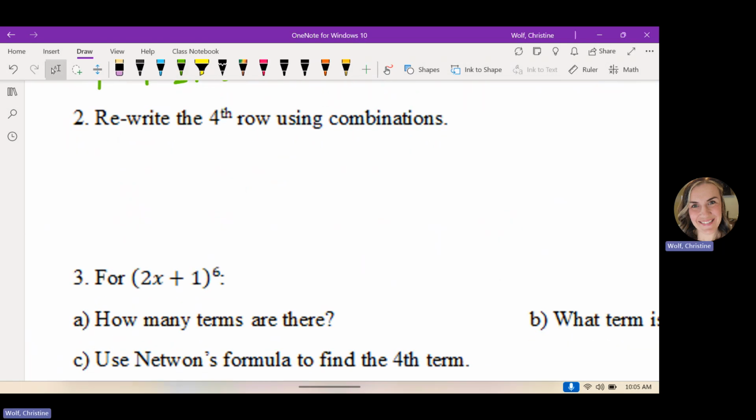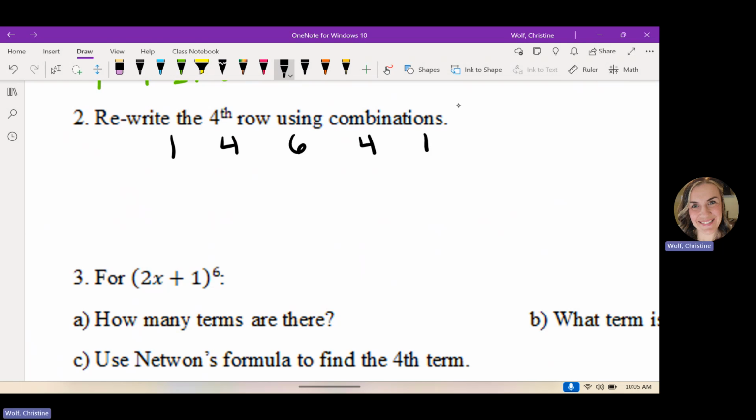All right, now what I want us to do is rewrite the 4th row, but using combinations. Okay, so I'm just going to write down the 4th row. The 4th row would be the one with 5 terms. So the 4th row up top there was 1, 4, 6, 4, 1. All right. So I want to rewrite this using combinations.